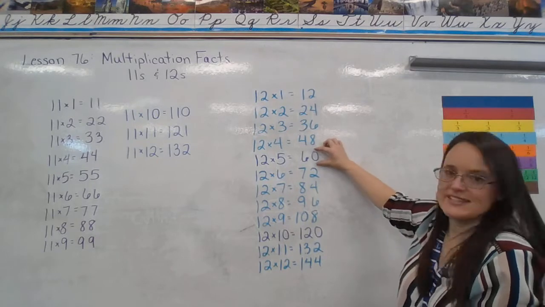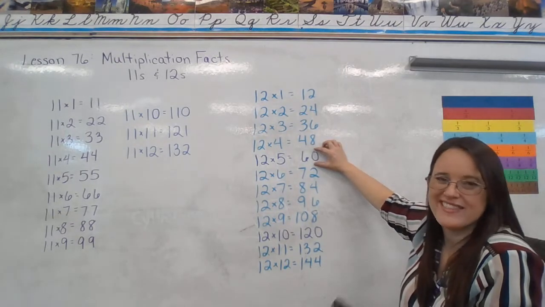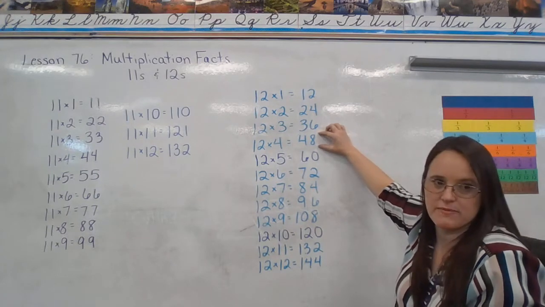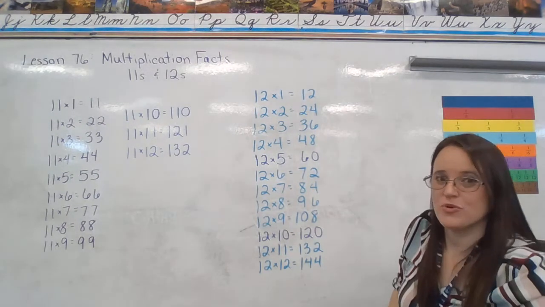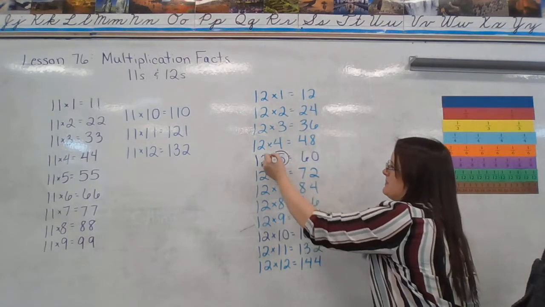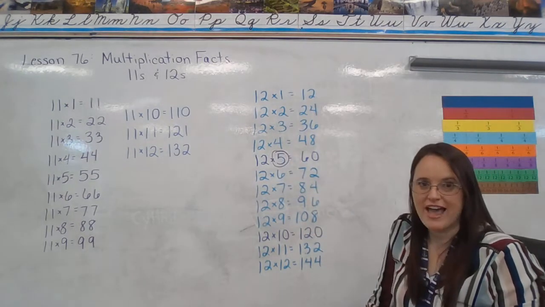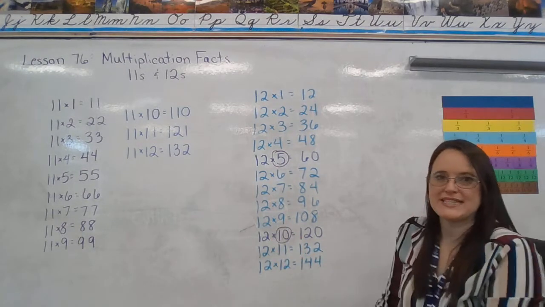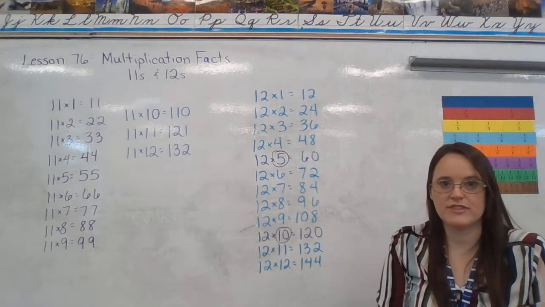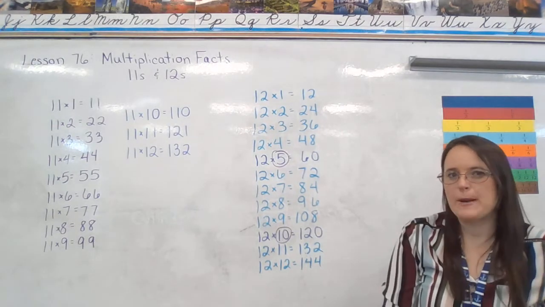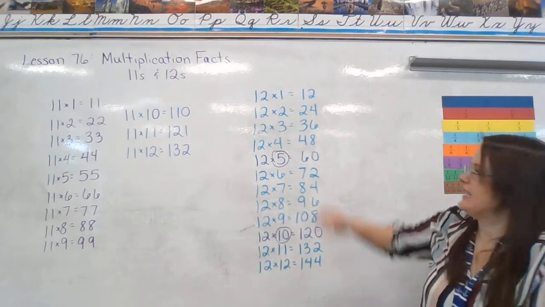Now, these that I have in the darker blue color, they're a little bit tricky because they don't follow the pattern. But I want to show you there's even a pattern with that. It happens when we do 12 times 5, and then it happens again when we do 12 times 10. So if you think, oh, 12 times my multiples of 5, that's a little tricky.